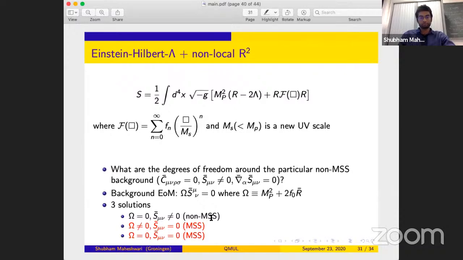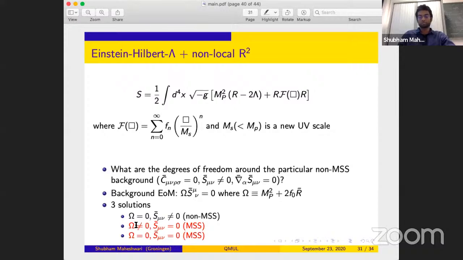Now, we still have two different cases in which you can solve the equations of motion, and both of them correspond to maximally symmetric spacetimes, but they are of different character. If you have S bar equals 0, then you will be in a maximally symmetric spacetime. But the fact that in one case omega is 0 and in the other case omega is non-zero will actually lead to two physically distinct maximally symmetric spacetimes.